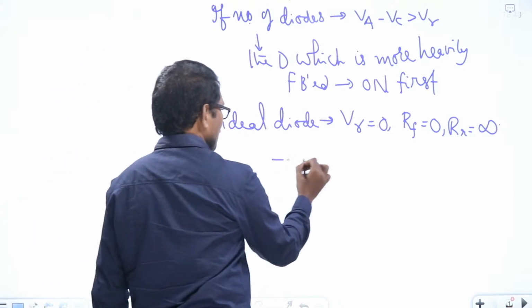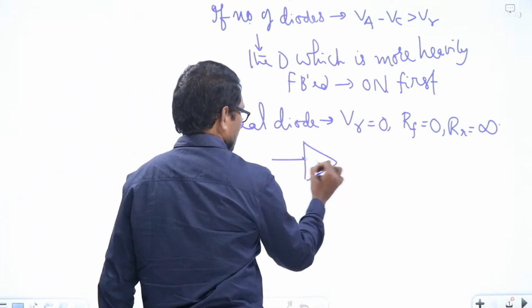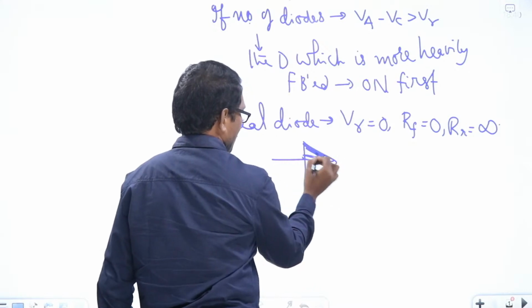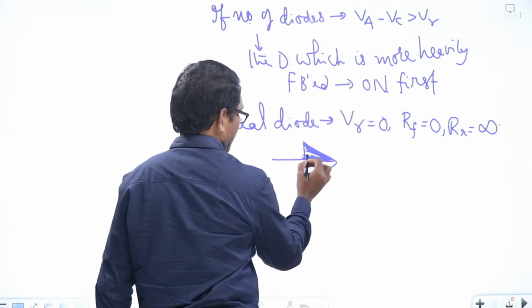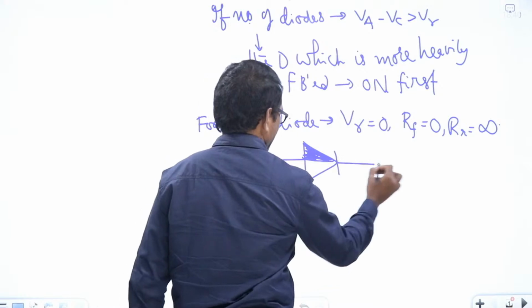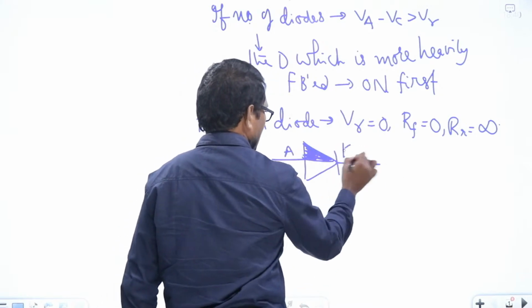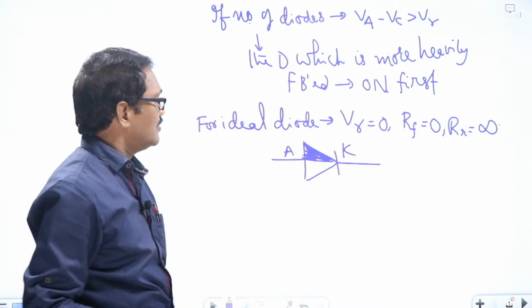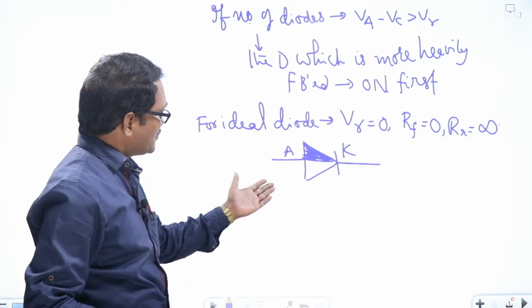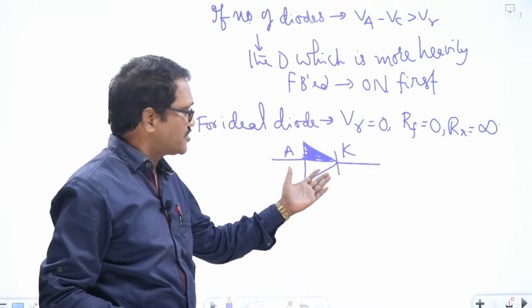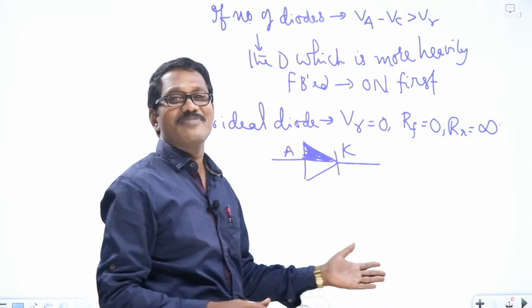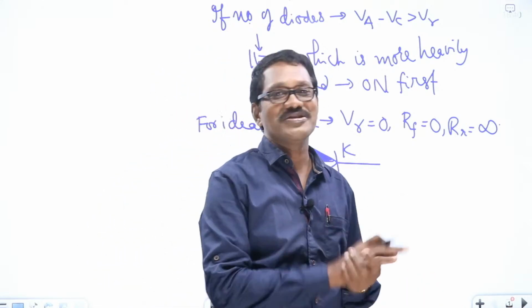Schematically, it is represented like this. This is anode, cathode. When it is forward biased, it can be replaced by a short circuit. When it is reverse biased, it is replaced by an open circuit.